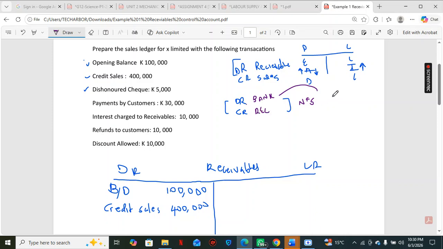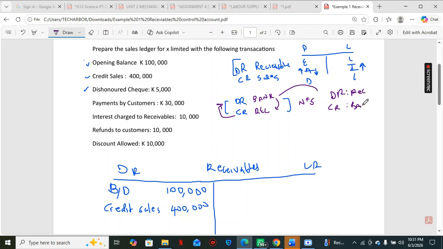When we reverse this transaction, this credit entry is going to go back to the debit, saying that this person is still owing us money. So you debit the receivable to say that they are still owing you money. The money that is being owed to you has increased because they are still owing you. Then you credit bank to say that this money we don't have it.